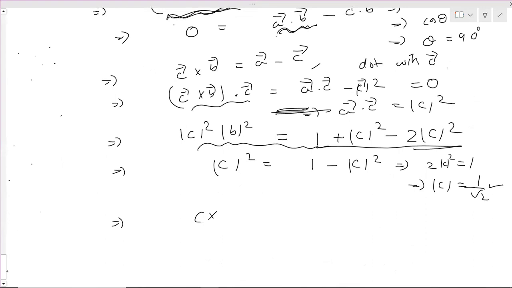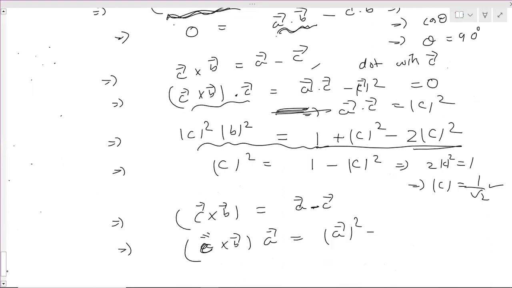We have given us C cross B equals to A minus C. You want to take dot product with A, right? Yes. So okay. After this, using triple product, can we take C outside and do it as B cross A?